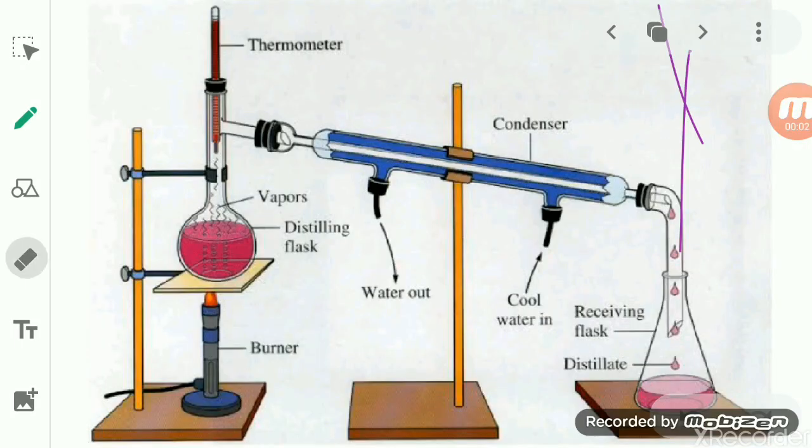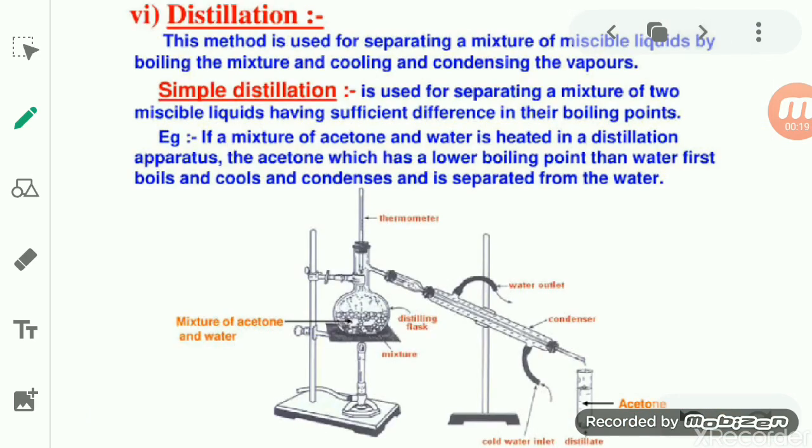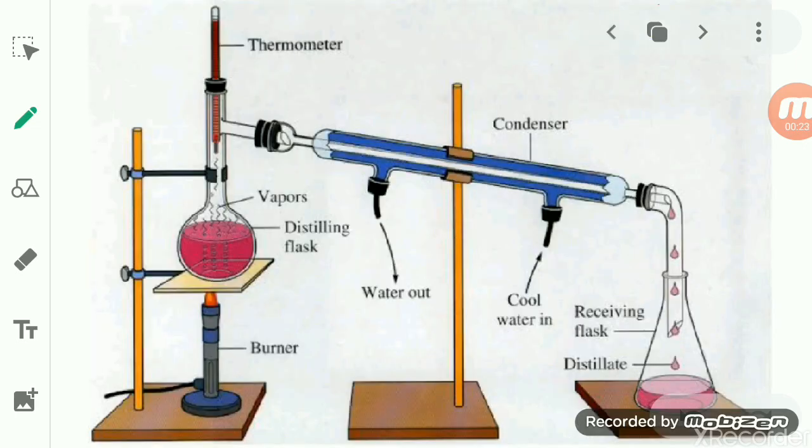Now we will try to understand another type of separating technique, in which we will separate the solid component from the liquid component, and that process is known as distillation. This is a process for a mixture of one solid and one liquid component.